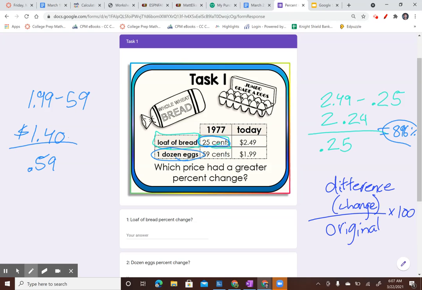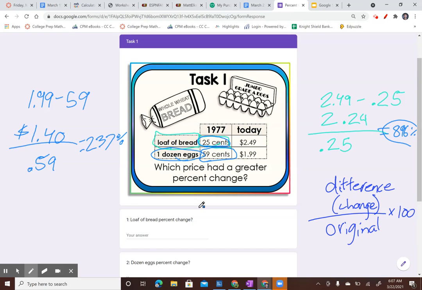And so when I do $1.40 divided by 59 cents, it gives me 2.37. I need to multiply it by 100, and that gives me 237% increase in price from a dozen eggs cost of 1977 to today's cost of $1.99.